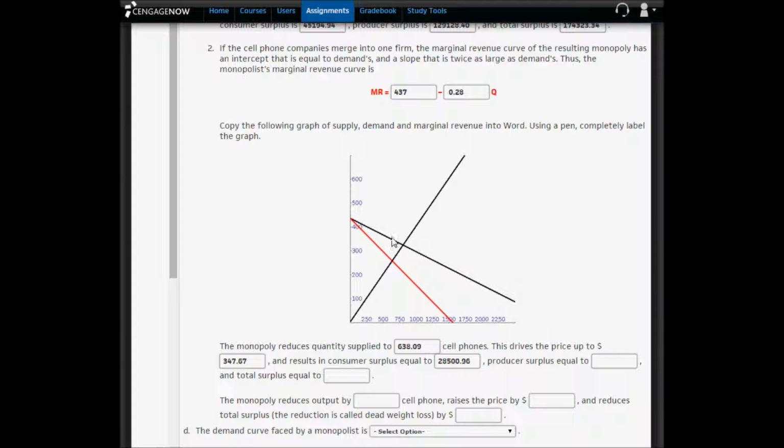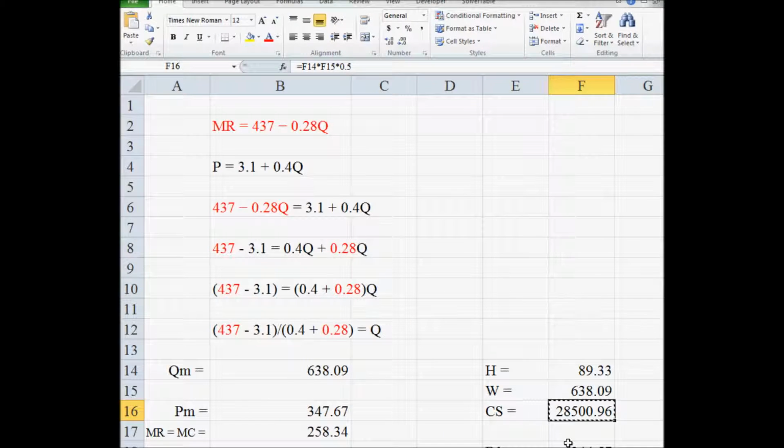Base 2's height is the price the monopolist charges minus the marginal cost or revenue. Base 1's height is the price of the monopolist minus the intercept of the supply curve. So what we're going to do is average those two bases, base 1 plus base 2 divided by 2, and then multiply that by the height of the trapezoid, which is the quantity the monopolist sells or produces. And I've already done it in Excel.